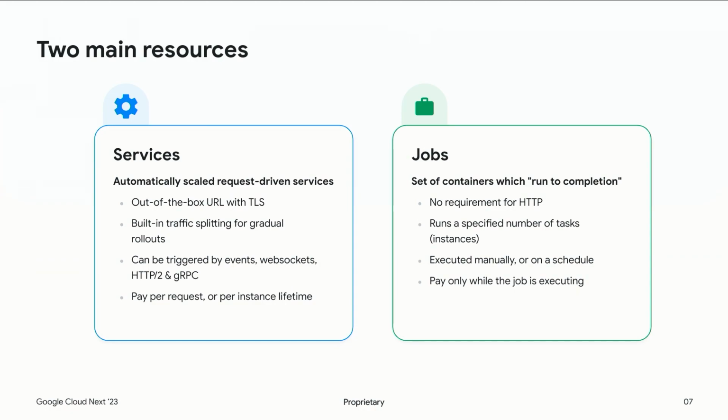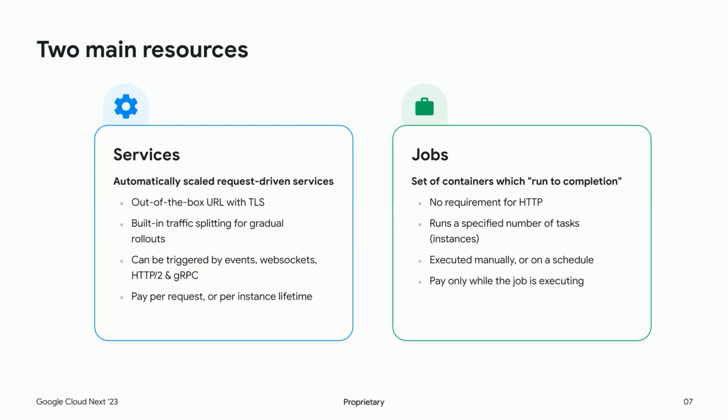So there are two types of Cloud Run resources: services and jobs. A Cloud Run service follows purely a request-driven scaling. Instances within a revision are scaled behind Google Managed Load Balancer. It provides out-of-the-box URLs and TLS termination.